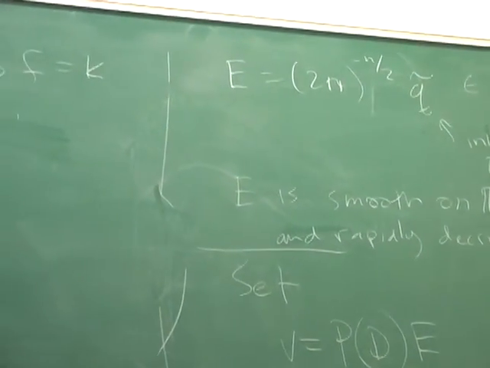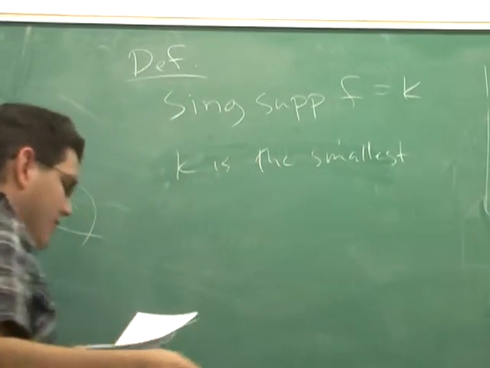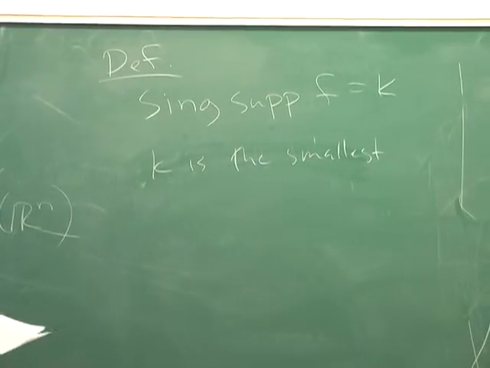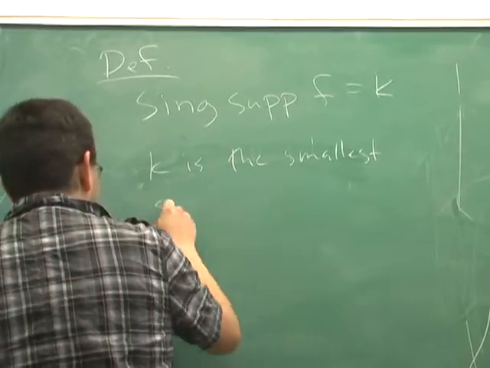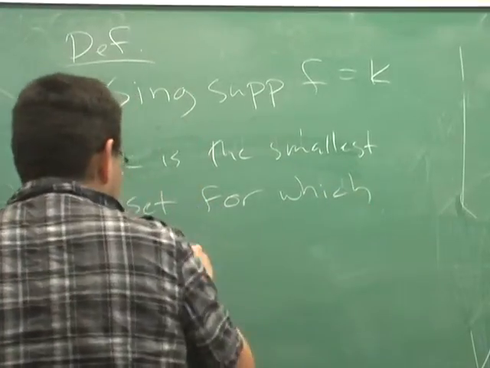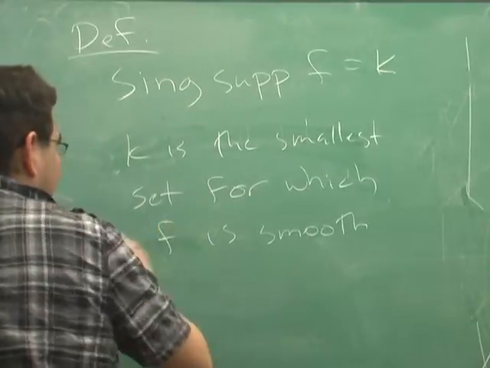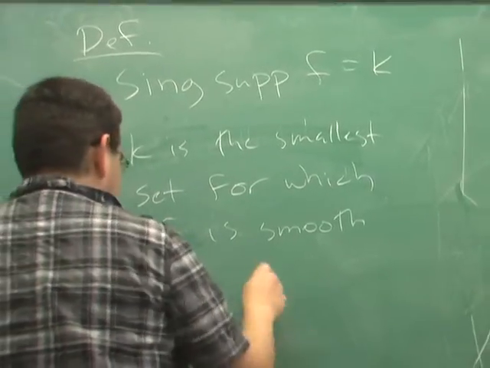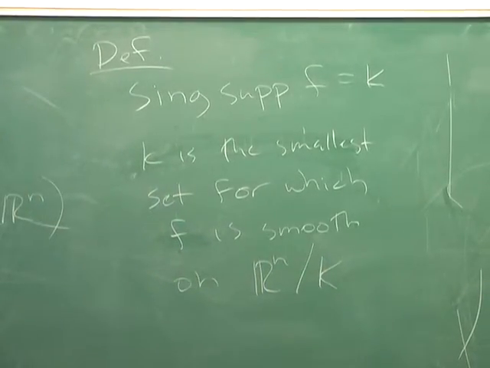K is the smallest set for which F is smooth on Rn minus K. So pretty much F is smooth everywhere except for K.